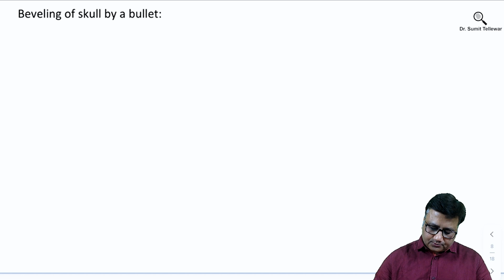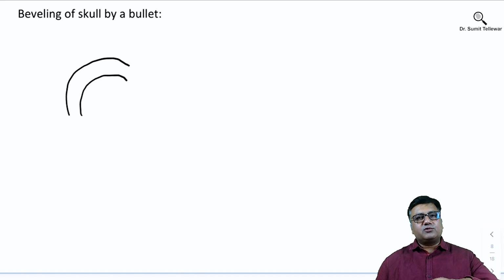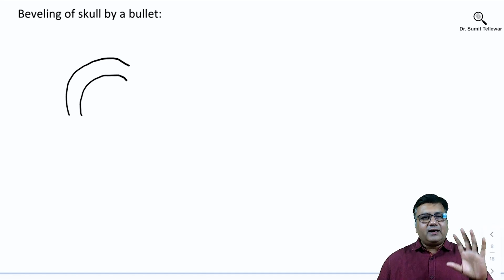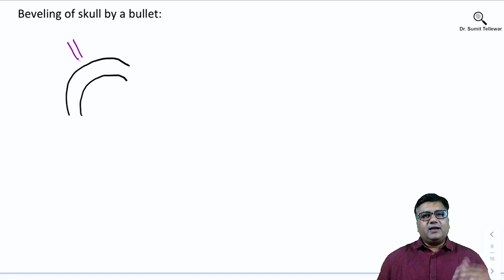Consider this to be the curvature of the skull. So it has an ectocranial portion, the bone is thick, so ectocranium and endocranium. And let's say a bullet is coming and it is hitting the skull in an attempt to enter into the cranial cavity.